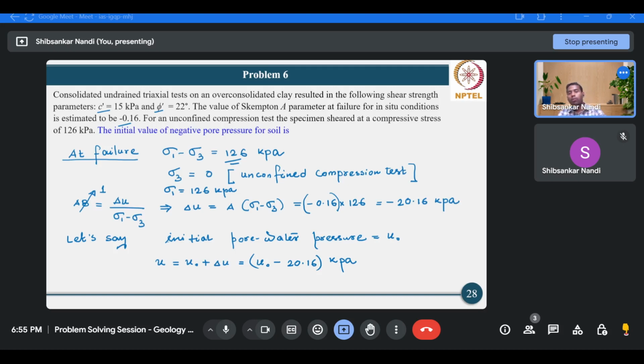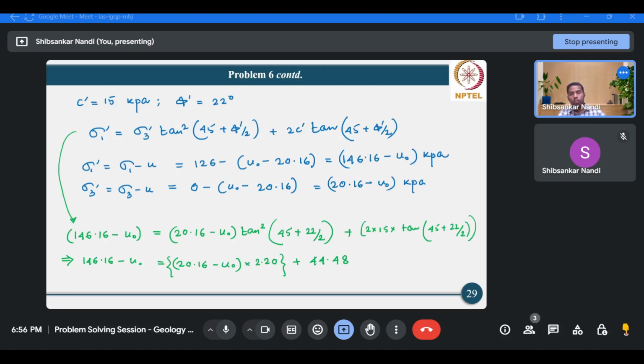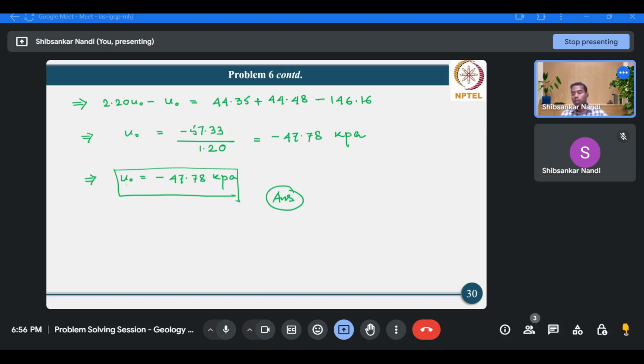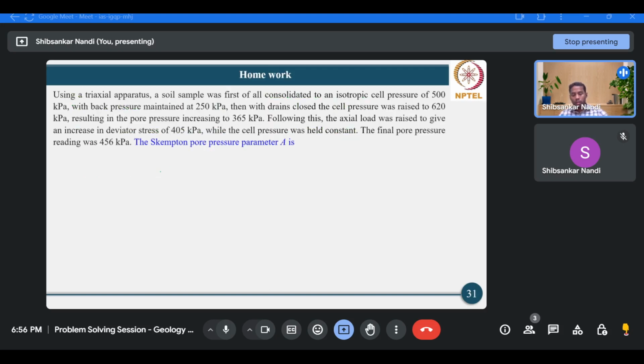If you subtract that from the total major and minor principal stresses, they become the effective major and minor principal stresses respectively, and they follow this equation: sigma 1 prime equals sigma 3 prime tan square of 45 degrees plus phi prime by 2, plus 2c prime tan of 45 degrees plus phi prime by 2. Upon substitution, that will give you the initial pore water pressure as 47.78.